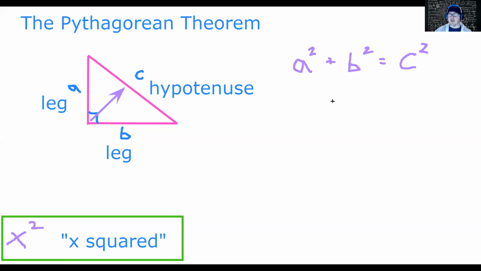But essentially, there's two kinds of problems. There's the kind where you're missing a leg, and the kind where you're missing a hypotenuse. So we're going to do a few practice problems of each using your bonus lesson. And you feel free to pause, rewind, replay, watch it at home, share with your folks, whatever, as many times as you need to. So let's jump into a problem.